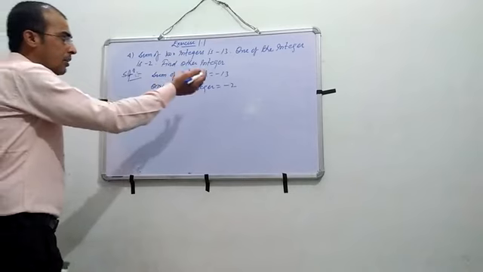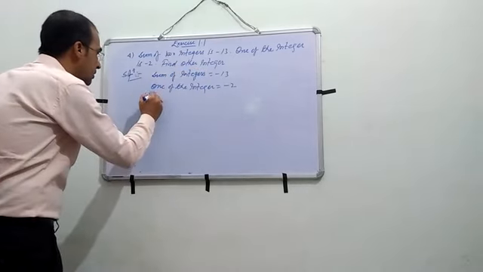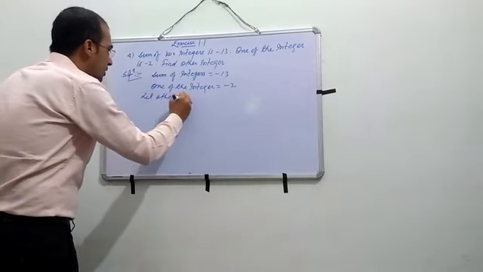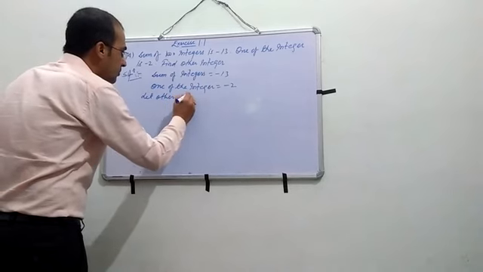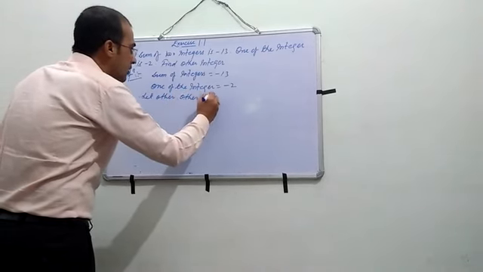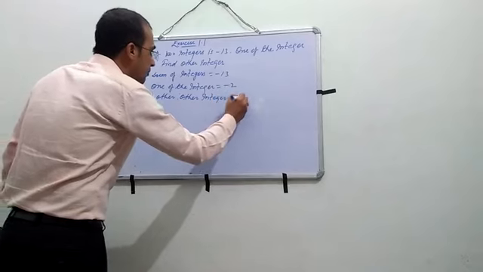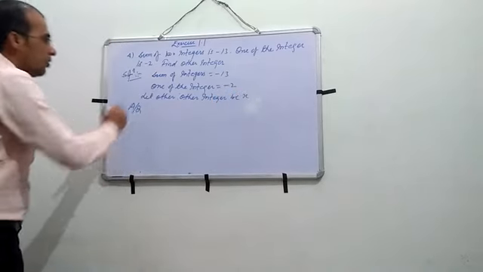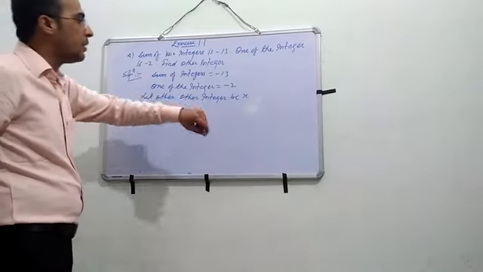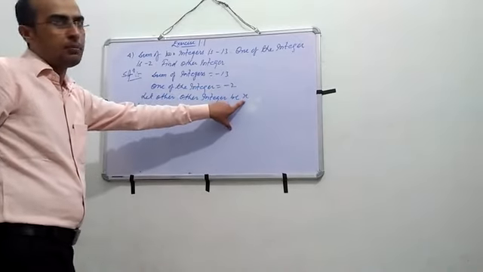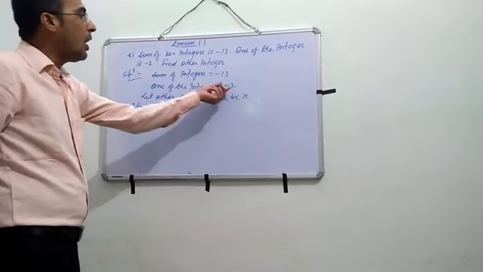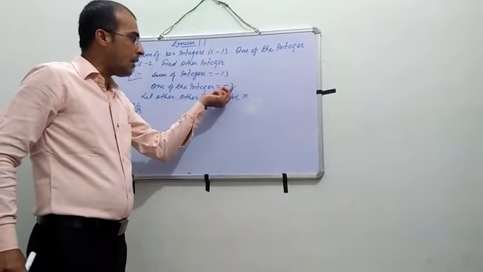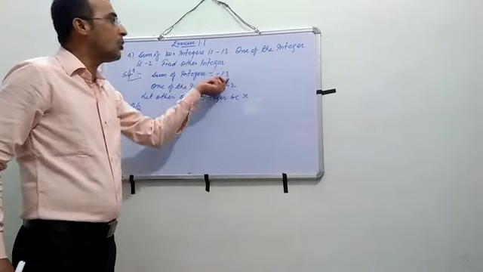So what will be the other integer? Let the other integer be x. According to the question, the sum of the integers is already given. So one integer is minus 2 and another integer is x. If you add minus 2 and x, their sum will equal minus 13.